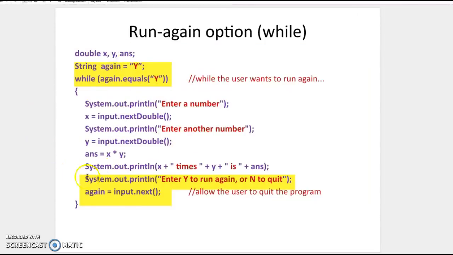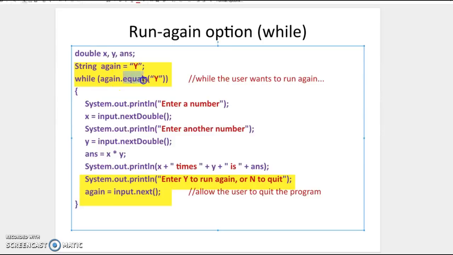So in order to get that to work, you see all the highlighted code. I need a variable that's going to hold that letter Y, and at first I set it to Y so that when I ask this question, does this variable again equal Y? And just a reminder that strings, I cannot use the equal symbol. I have to use dot equals for strings because they're object types. So this is as if it's an equal for primitive.